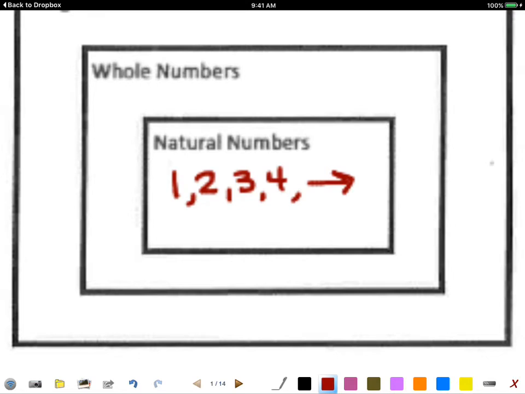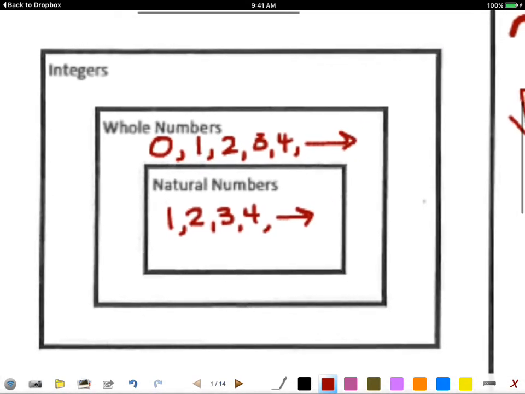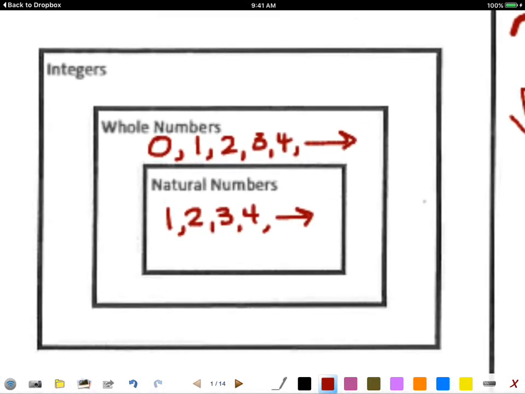Then we have our whole numbers. Now, our whole numbers are all of these natural numbers right here, but also includes one other number. Do you know what that might be? 0. The number we don't naturally count by, but it is considered a whole number. Okay, then we go a step further, we have our integers. Now remember, all of these are rational numbers. Rational numbers are these natural numbers, our whole numbers, now our integers.